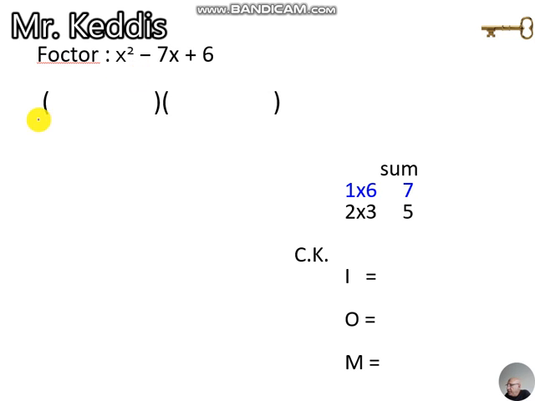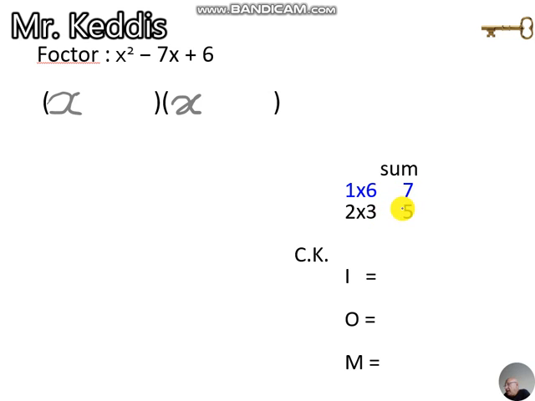Here the sign is negative. Here x and x. We need to be careful. The sign for the last term here is positive, which is positive 6, means the two signs must be the same, both positive or both negative. 6 is 1 times 6 and 2 times 3.